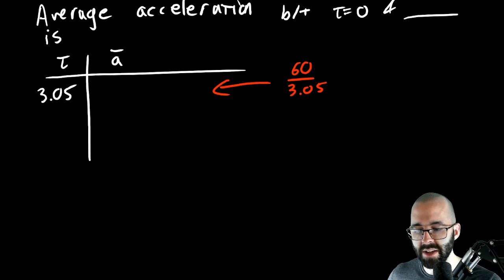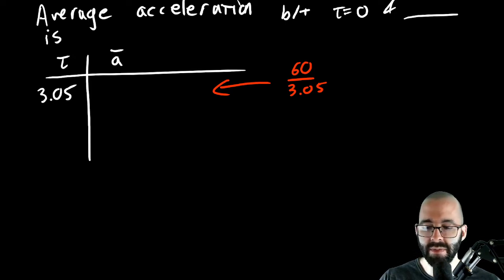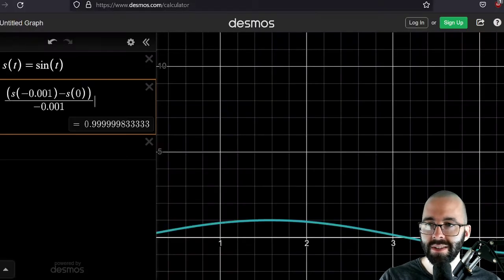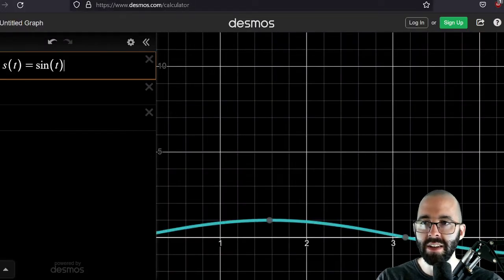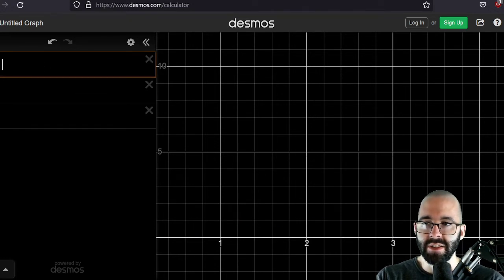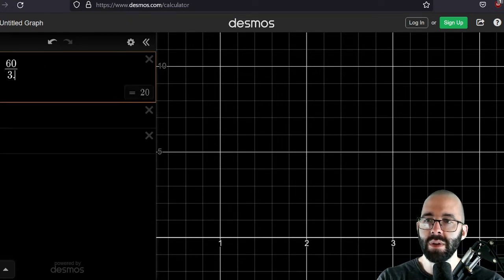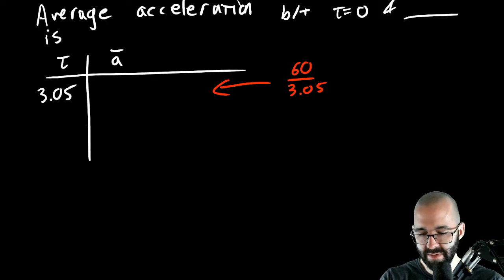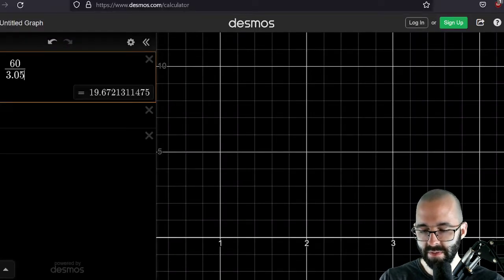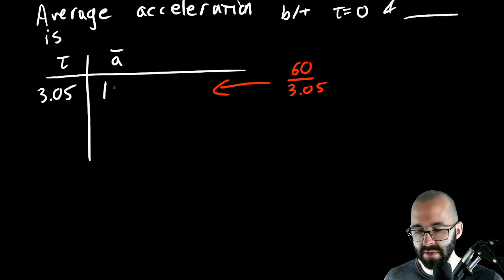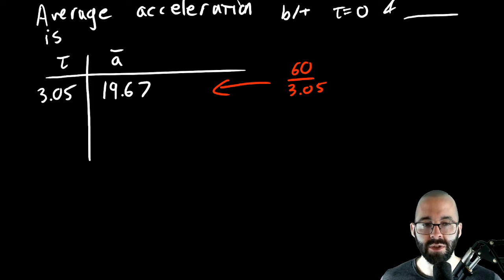That's going to be the average acceleration in this first period of time, in miles per hour squared, miles per hour per second. So 60 divided by 3.05 is about 19.67. That's the average acceleration in the first 3 seconds.